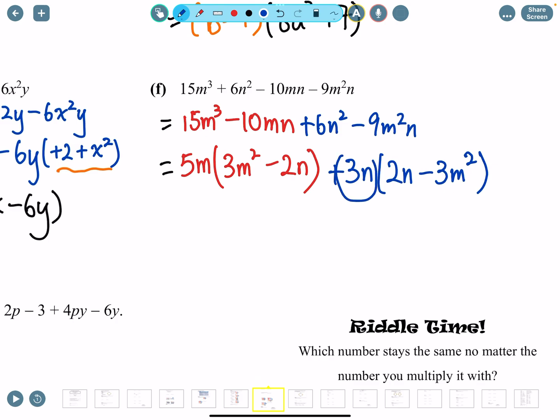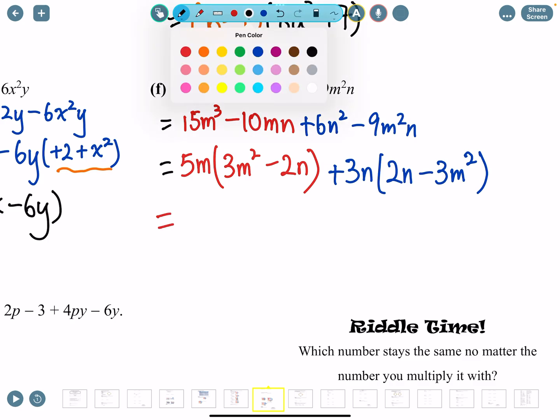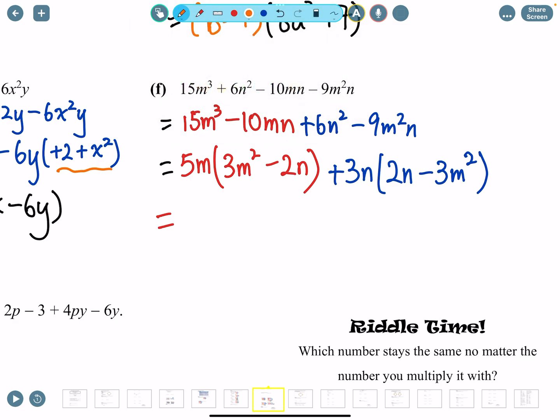All right, so every time you're looking at the numbers here, you just look at what you have to take out and then just remove it from them. Now, the next step, again, oh, there's a problem. This one is a positive 3, but this is a negative 3. So we have to deal with this first. We have 5m, 3m squared minus 2n, copying down.